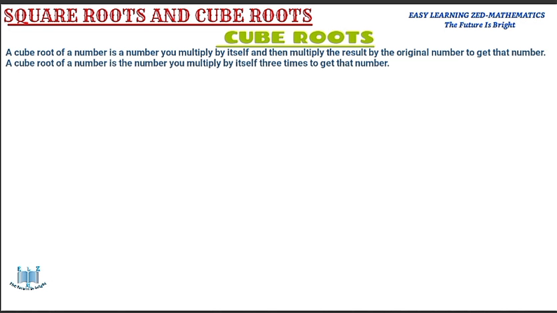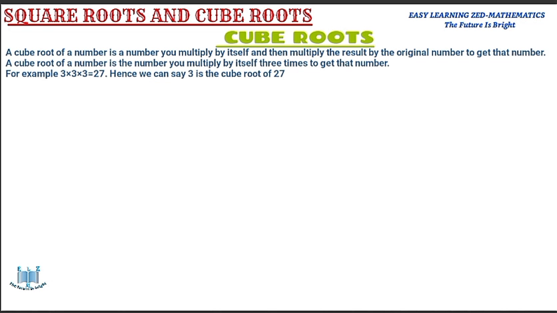In this scenario, when you have a number, and you multiply a certain number 3 times to get that number, then the number you have multiplied 3 times is a cube root. For instance, I'm multiplying 3 by 3 by 3 to get 27. Therefore, we can say 3 is the cube root of 27.